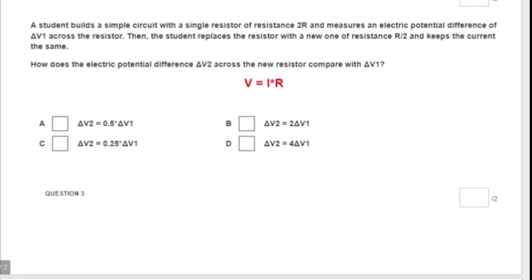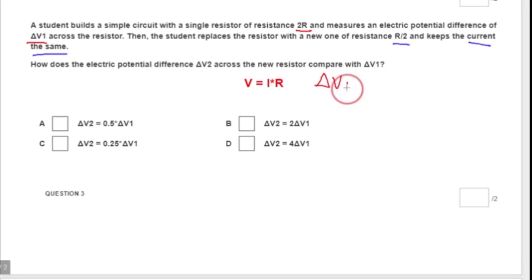So this next question is very similar. It says a student builds a circuit again with a resistance 2R, measures the electric potential difference of delta V1 across that resistor. Then the student replaces the resistor with a new one, R over 2, and they keep current the same. So this time current's the same. Let's write our two equations like before.